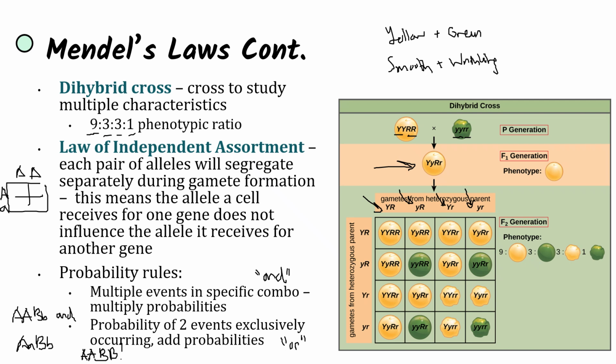So that's going to create AA and Aa. And we're looking for two capital A's. We're looking for a homozygous dominant. So the chance of getting a homozygous dominant organism is going to be 2 out of 4, or 50%, or 1/2.